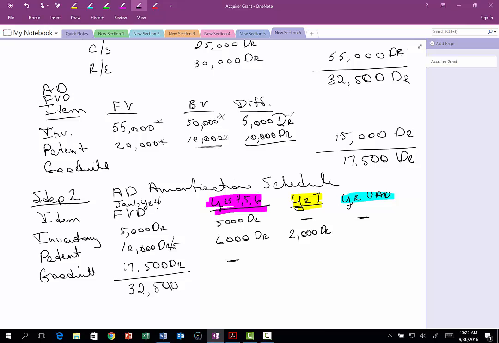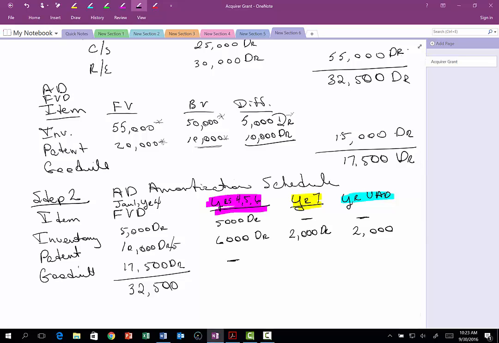So consequently, we have to debit amortization expense for $2,000 each year to bring amortization expense up as well. So keep in mind with this particular schedule, you always are subtracting across. So 10,000 minus 6,000 minus 2,000 means that all we have left to put on our balance sheet is a $2,000 adjustment to the patent.